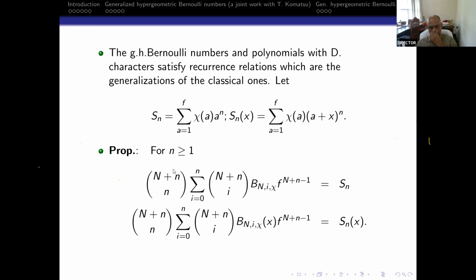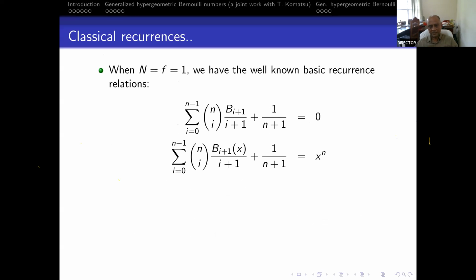Then this is a proposition that we prove: if we take this for n bigger than or equal to 1, we take the sum of these generalized Bernoulli numbers with this binomial coefficient here, and we get S_n back. This is a nice recurrence relation. This is for the Bernoulli numbers, and a similar relationship holds for the Bernoulli polynomials. So this is the recurrence relation that holds.